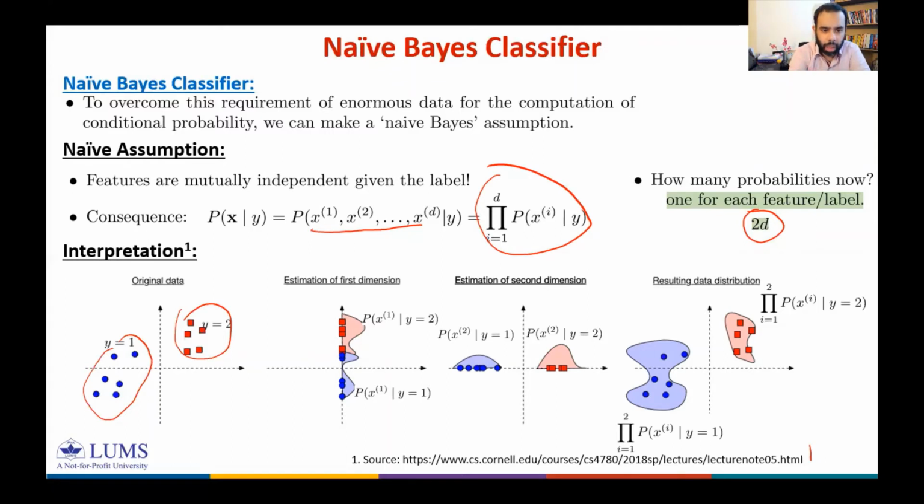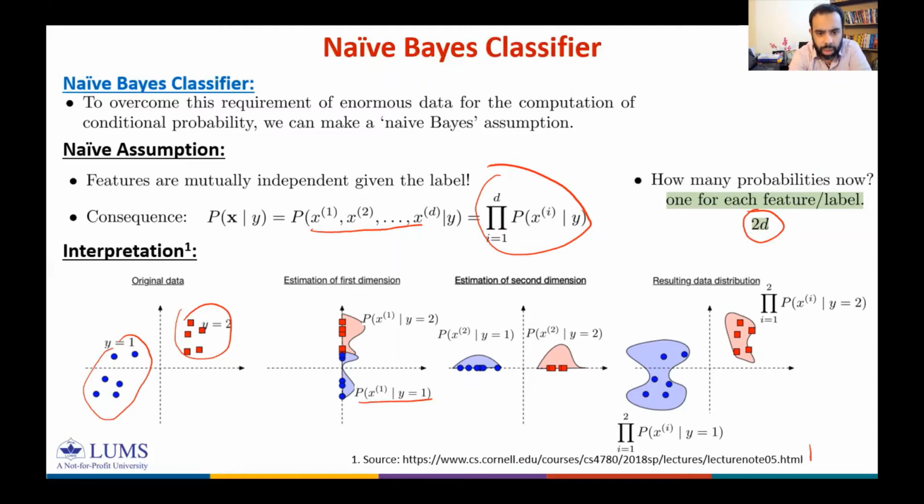With this naive assumption, we assume that the features are independent. It simply means you first compute the estimation along the first dimension. So you only compute the likelihood along the y-axis. This red is the distribution for the probability of x1 given y is equal to 2, and here we have the probability of x1 given y is equal to 1. Then we carry out the estimation along the second dimension.